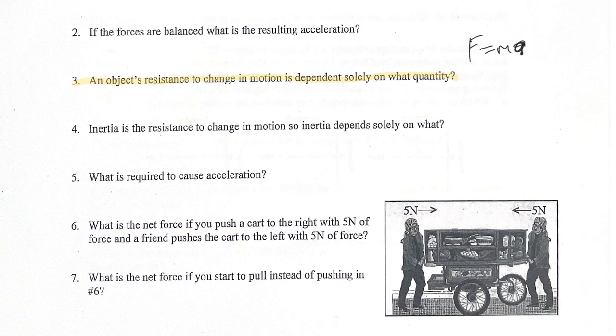What property of the object determines how fast it will go? Its mass. Its mass determines how fast it will go. What is required to cause acceleration? Remember, you're going to keep on moving at a constant speed unless acted on by an external force. So it's an external force.